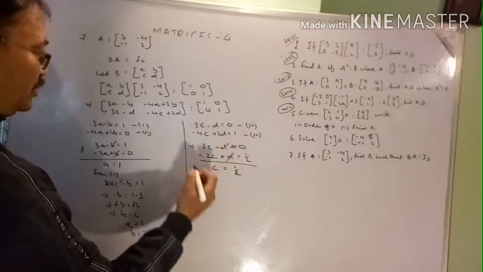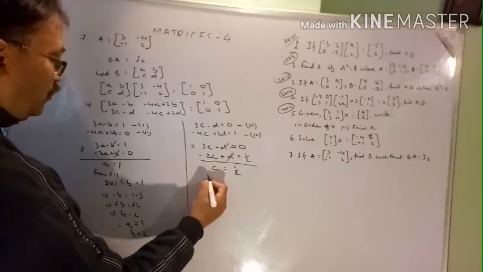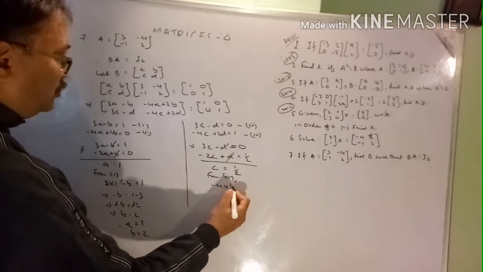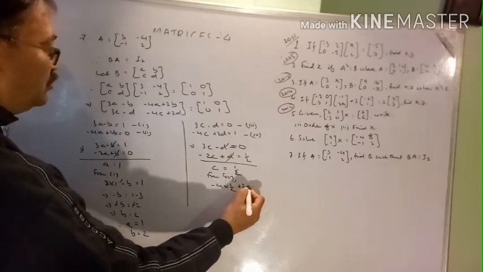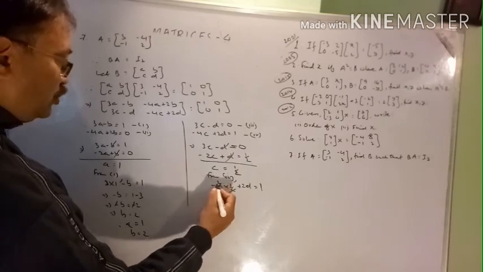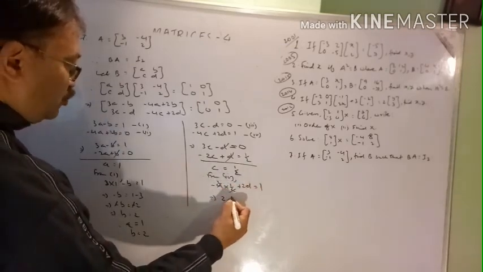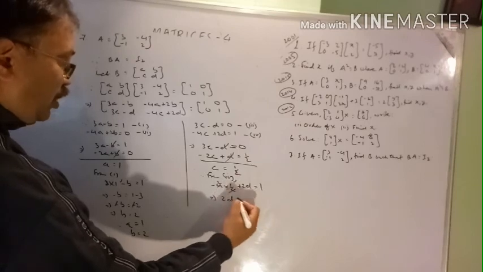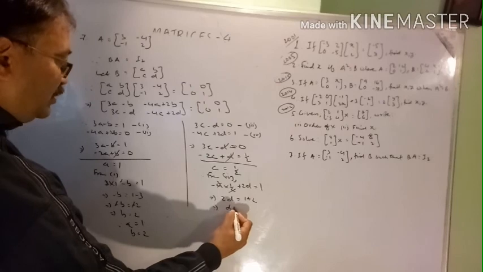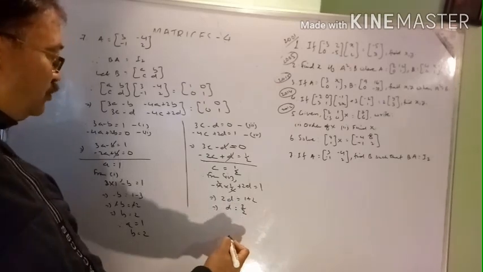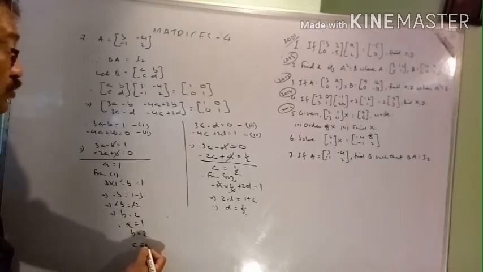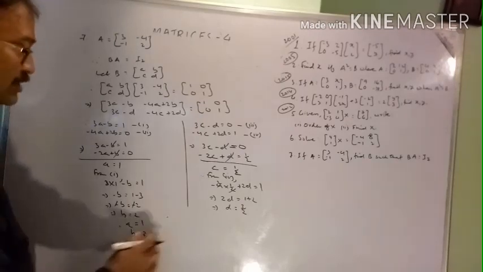So therefore from equation 4, -4 into half plus 2D equal to 1, implies -2 goes, that becomes plus, so 2D equal to 1 plus 2, because -2 becomes plus 2 here. This implies D equal to 3 by 2. So finally A equal to 1, B equal to 2, C equal to half, and D equal to 3 by 2.